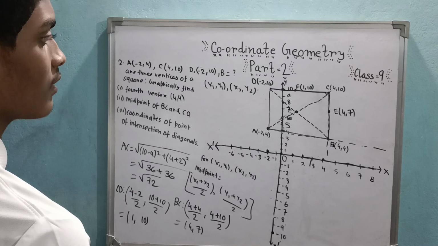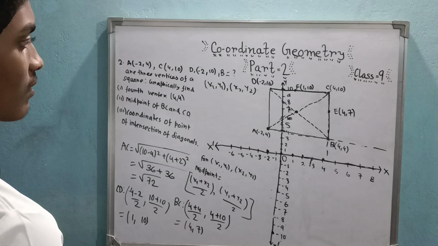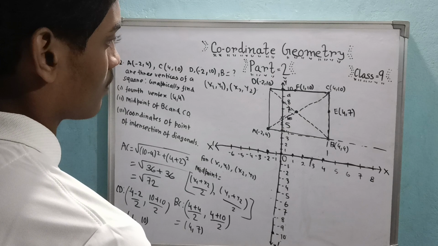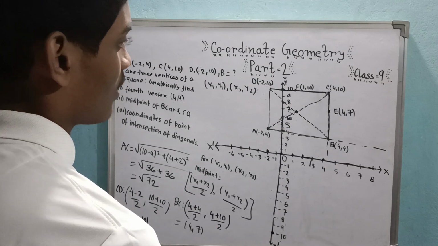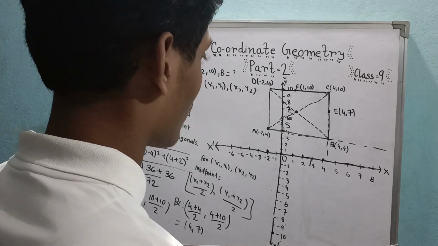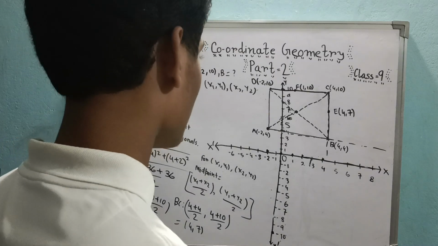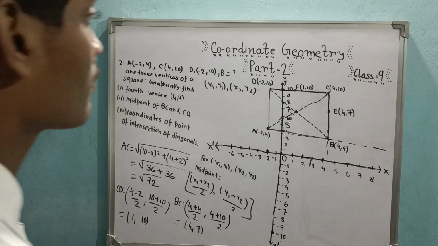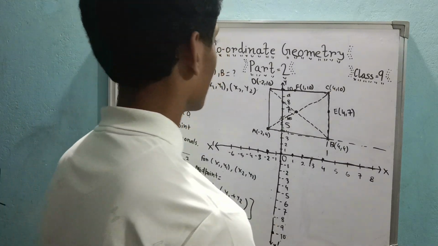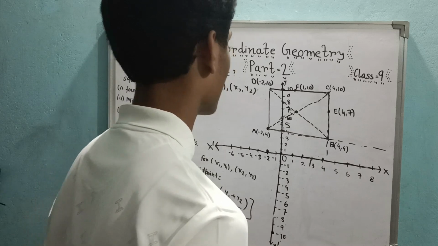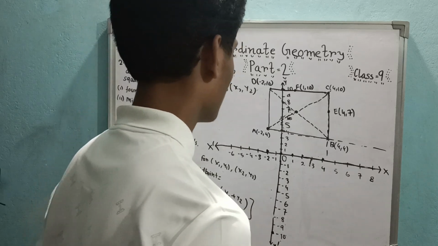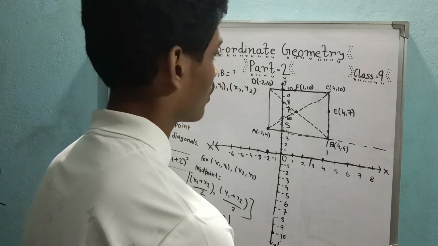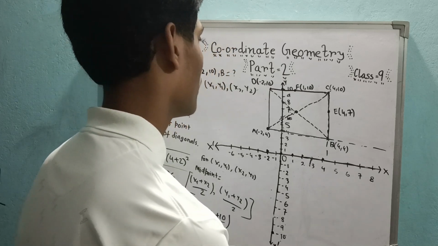Just seeing one thing, guys. Just give me some time. I'm just calculating one thing. You can give me that. This was the midpoint. 4 minus 2, and 10 plus 4, 14 by 2, 7. This is okay. We are okay.